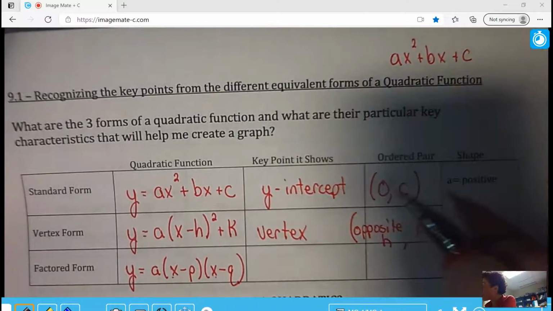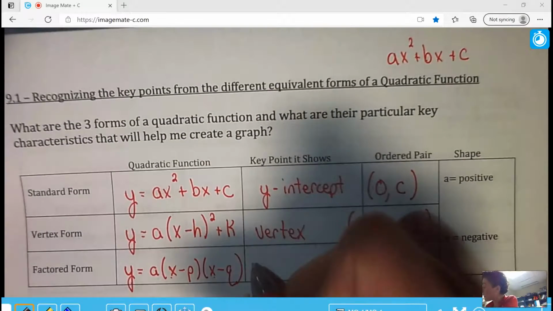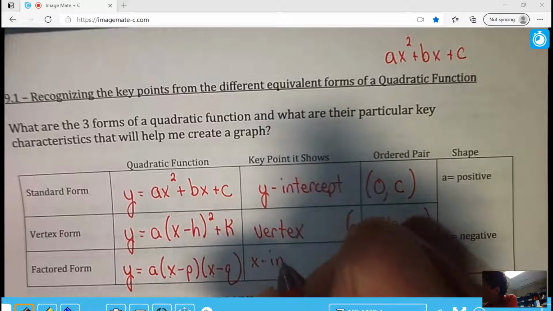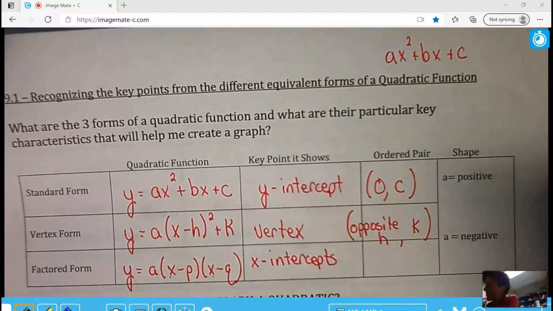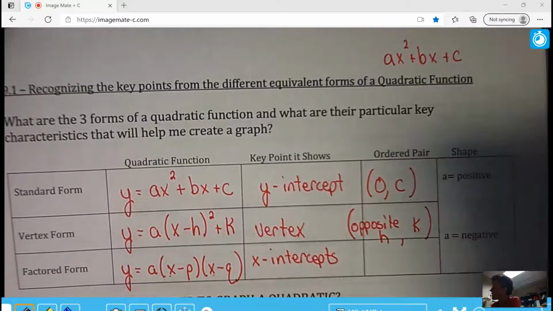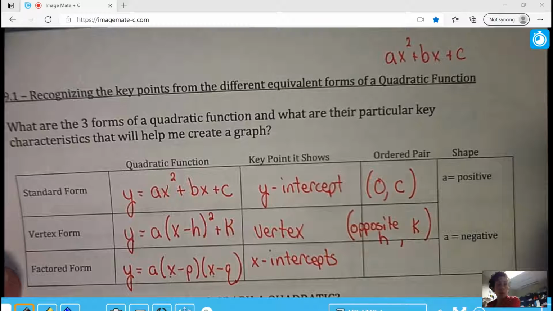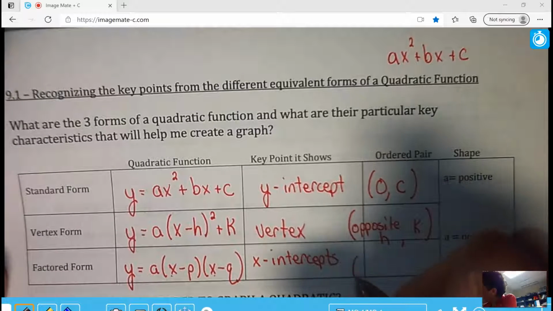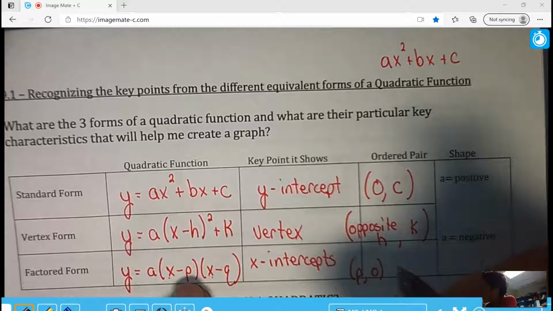But what factored form is going to show you, and it's one of the reasons why we worked so hard to factor, is it's going to show you our x-intercepts. And those x-intercepts, there could be 1, there could be 2, but x-intercepts are when x is a value and the y is 0. So it's going to be whatever you see P, and then y is 0, and then q, and y is 0.